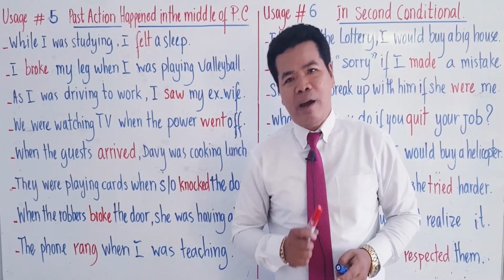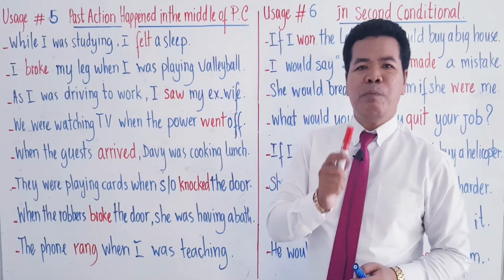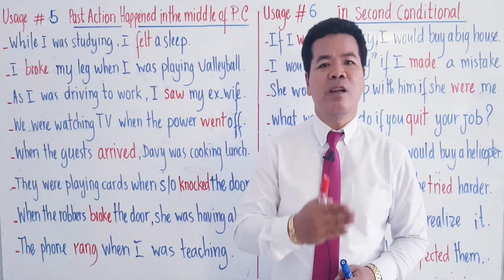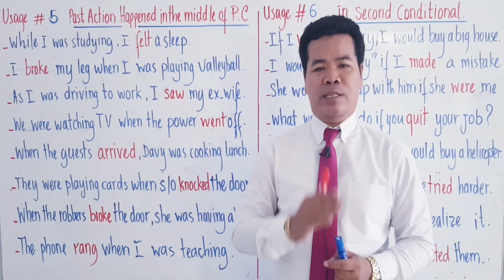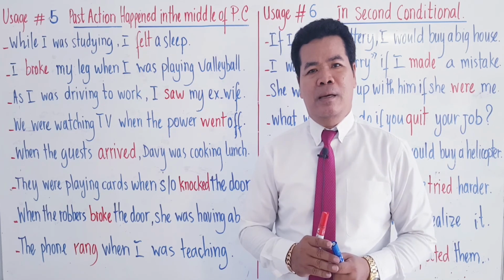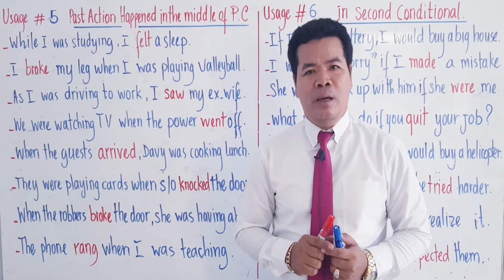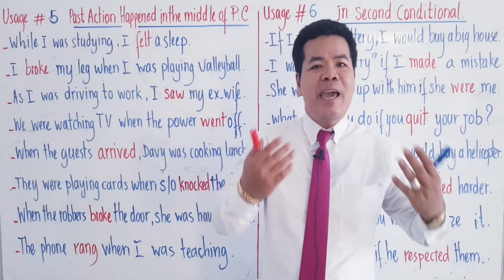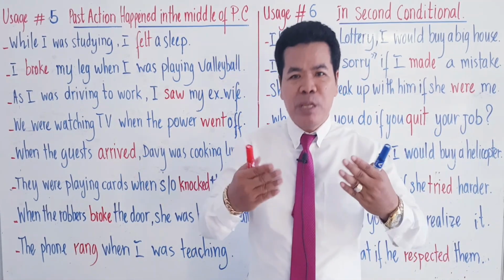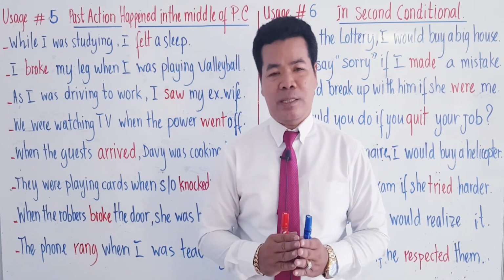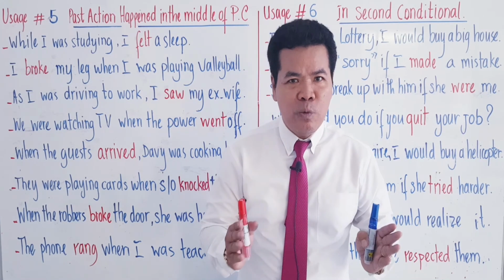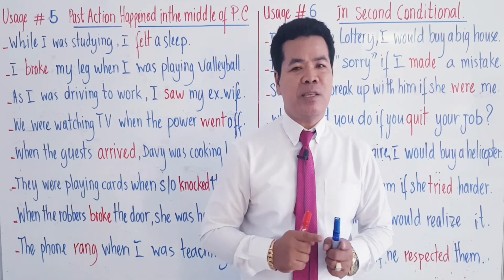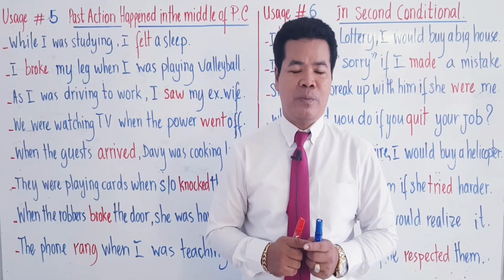Usage number 5. We use past simple tense to talk about an action that happened in the middle of past continuous. Once again, we use past simple to talk about a past action that happened in the middle of past continuous. Even though we have not studied past continuous yet, I would like to tell you a bit about the past continuous or past progressive.